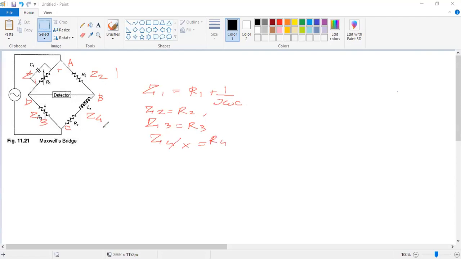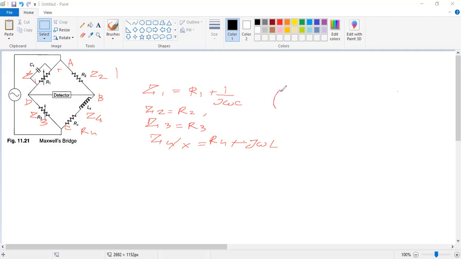Here it is, R4. You can see that is R4 plus j omega L, and this is Lx or whatever. This is a normal simple equation. In another way, we can say Z1 equals R1 in parallel with C1. So we can say Y1 equals 1 by Z1.